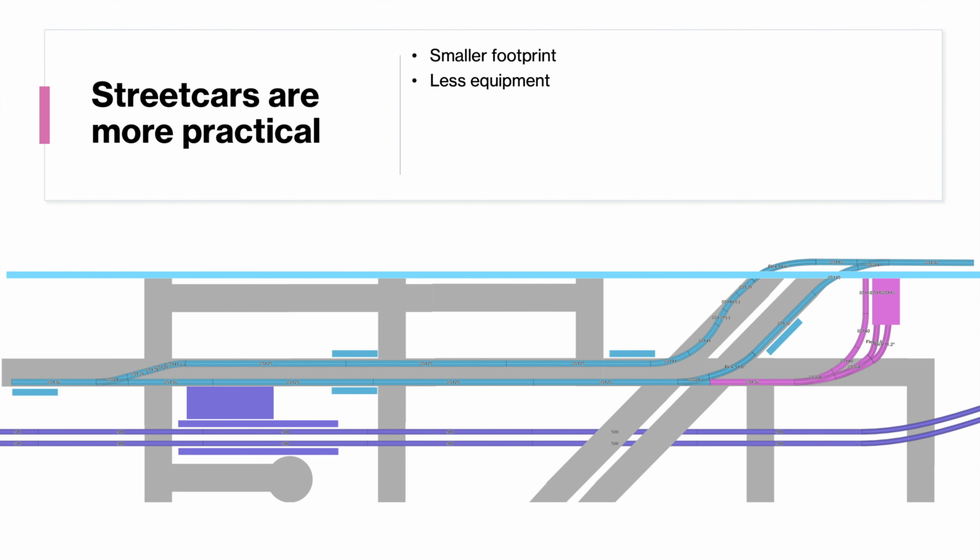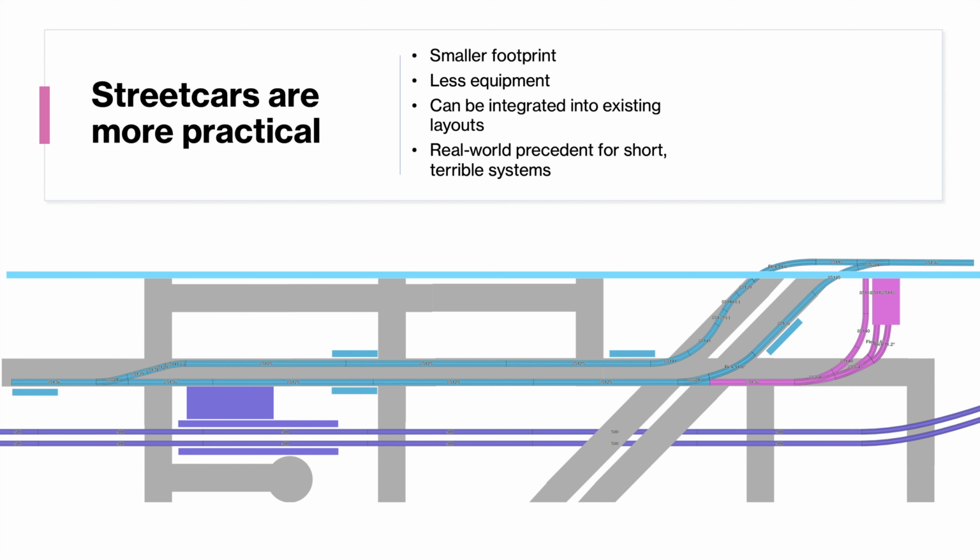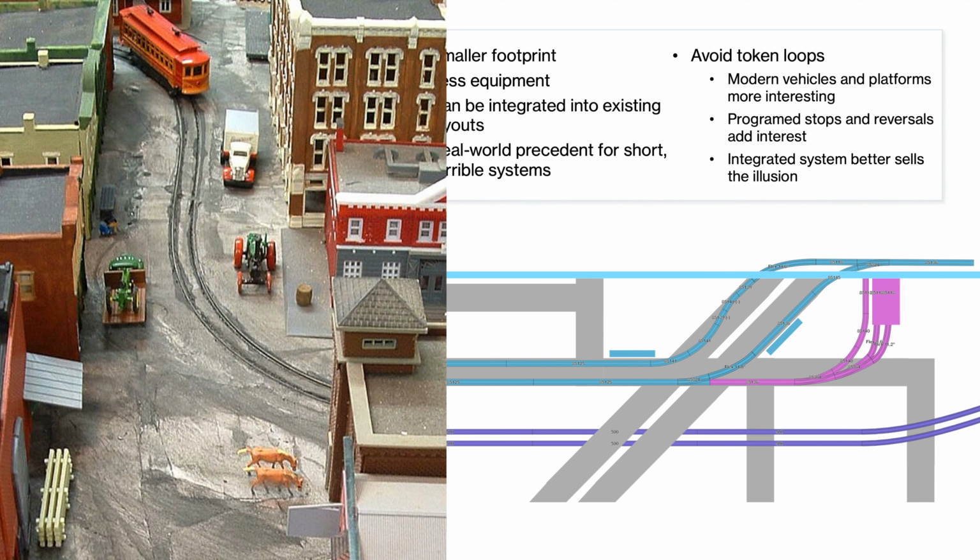I also think, though, that streetcars are a little bit more of a practical option for modeling, in part because they have a much smaller footprint and much less equipment, and they also can be integrated into existing layouts with minimal changes. And there is also a real-world precedent for short, terribly designed streetcar systems, so if it looks wrong, you're modeling it prototypically. But I would highlight here that you should avoid token loops.